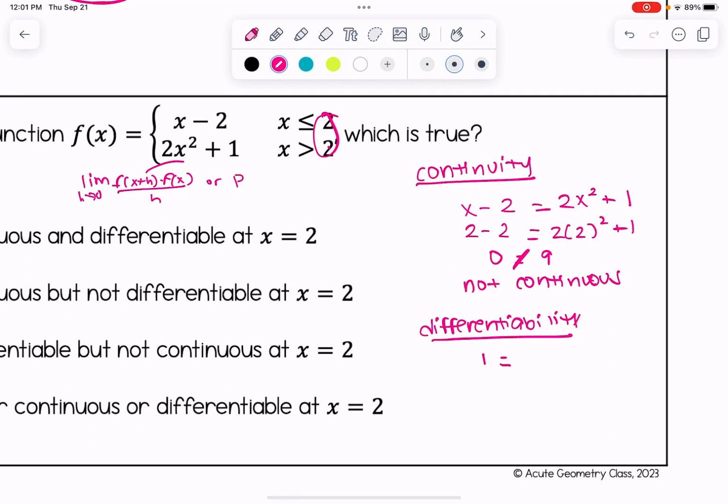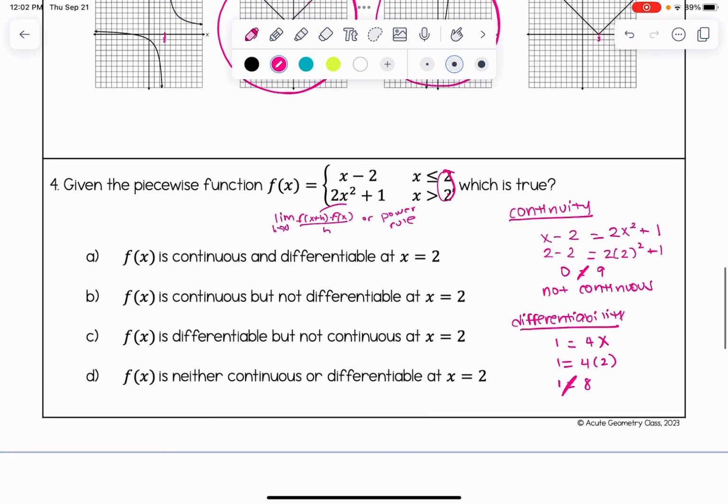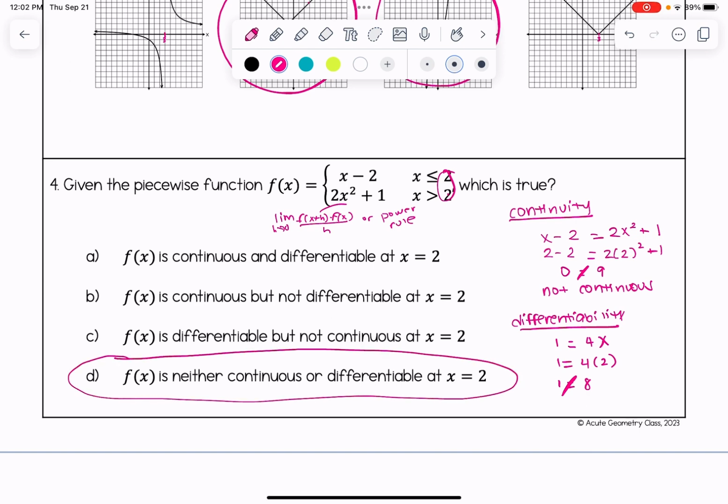Or if you have already learned power rule, you could do the power rule. In either case, you're going to get 4x. And if I plug in 2 here, I'm going to get 1 equals 8, which is not true. So just therefore verifying even further here that this is not differentiable. So our answer is going to be choice D. F of x is neither continuous or differentiable at x equals 2.